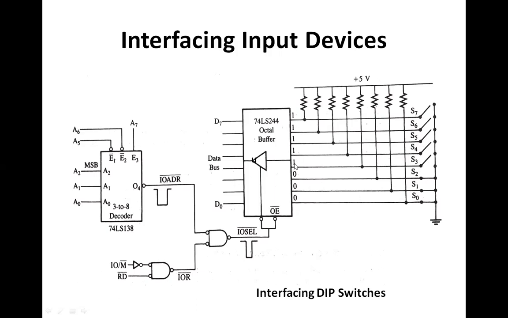So the actual value of the data which will be copied into the accumulator through these switches is 11111000, where this is D0 and this is D7. So the value is F8. So F8 is being transferred from the switches to the data bus, and through the data bus the F8 will be copied into the accumulator.